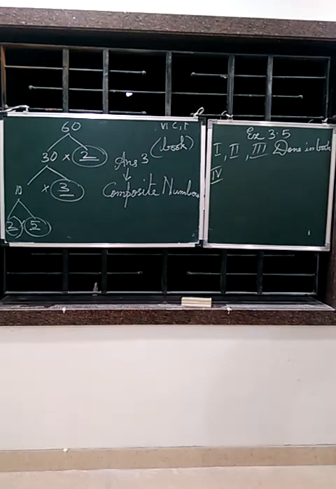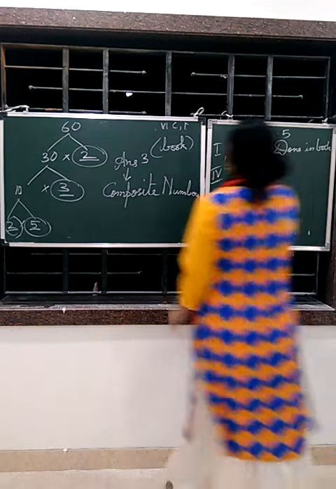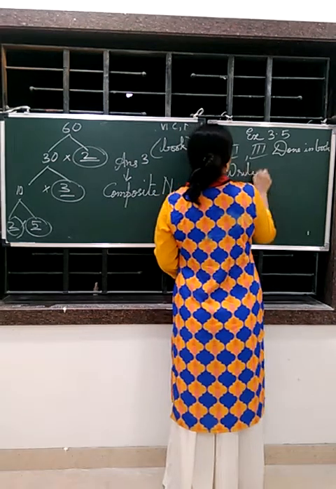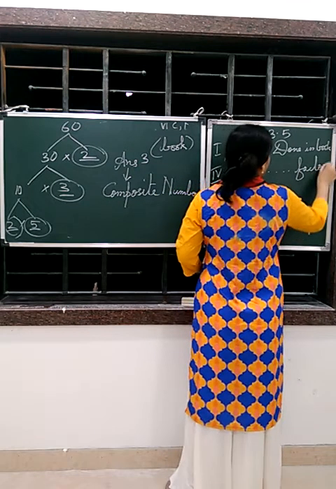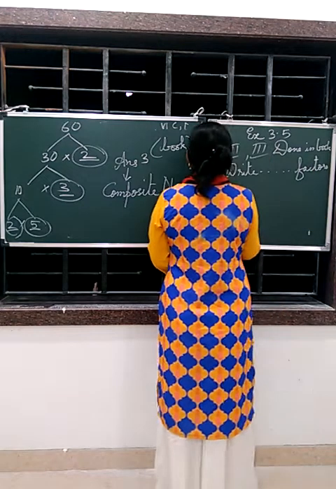That is, write the greatest 4-digit number and express it in terms of prime factors. So what is the largest 4-digit number, children?